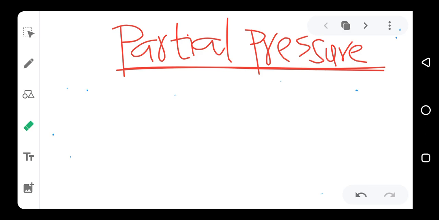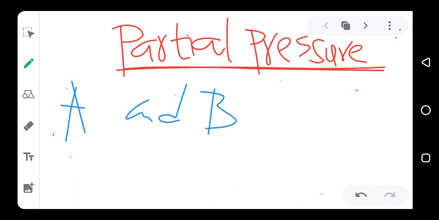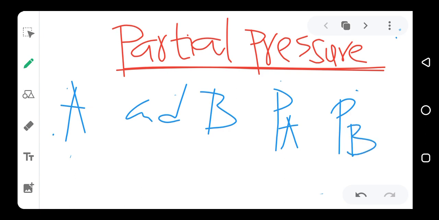For instance, if you have A and B as two different gases, and these two gases have their own different pressures. Let's say the pressure of A is PA and the pressure of B is PB. Now, let's say that the total pressure is PT.